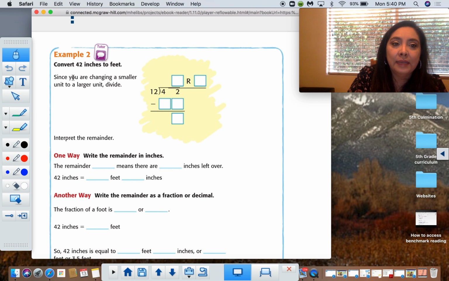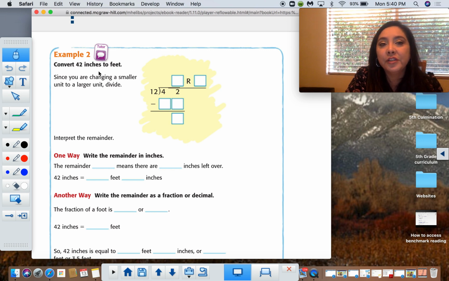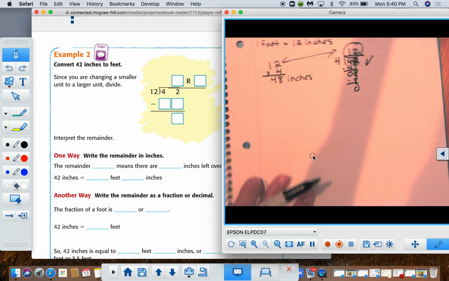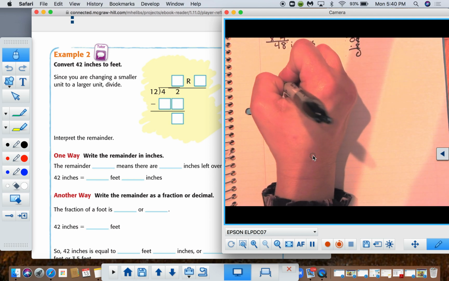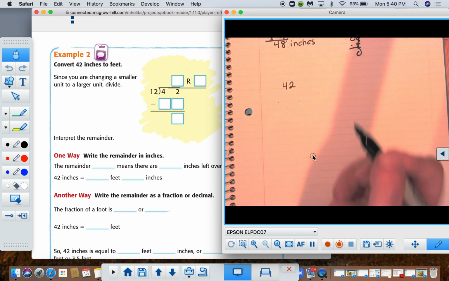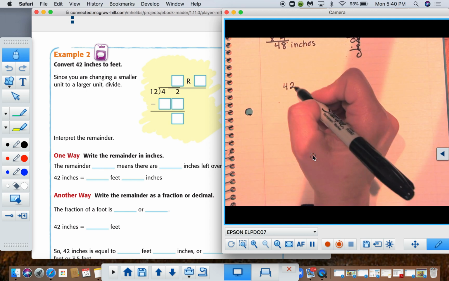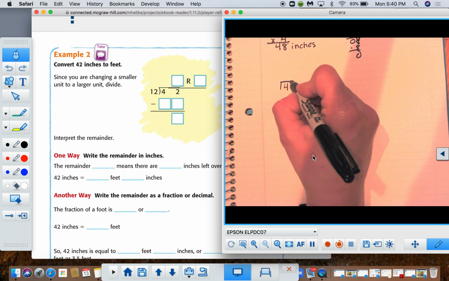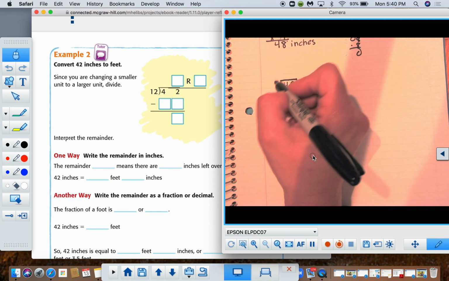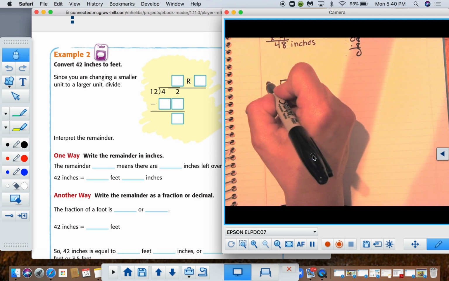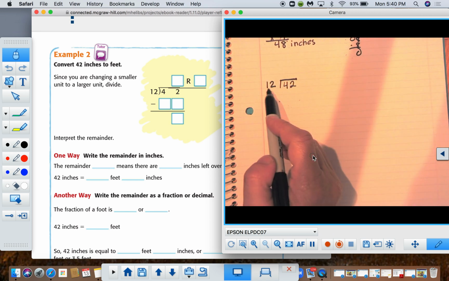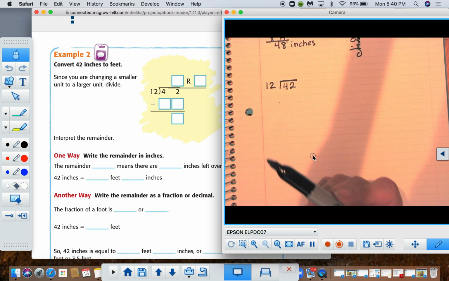So here's an example. We're going to convert 42 inches to feet. I'm going to open up the document camera again. And I know I want to convert 42 inches to feet. So since I'm looking for feet, I'm going to divide 42 by 12 because there are 12 inches in a foot.